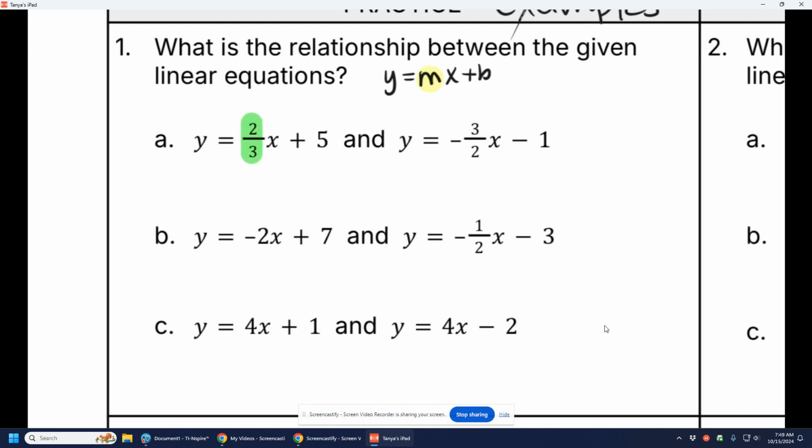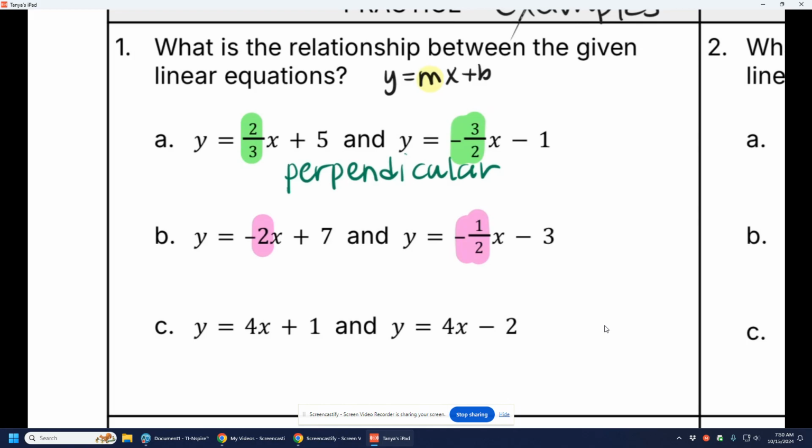So our slopes are the numbers that are in front of the x. See how one's positive and one's negative, so that's opposite. And then they are flipped over, they're reciprocals, so these are perpendicular. Okay, part B, I have -2 and -1/2.